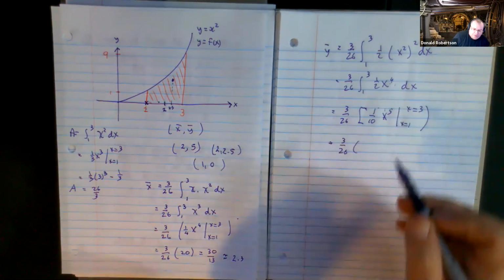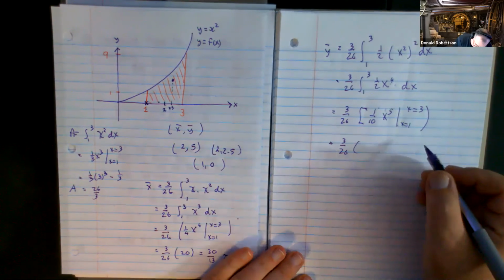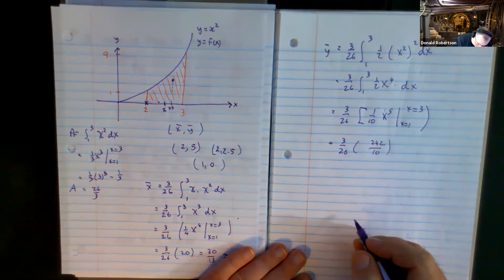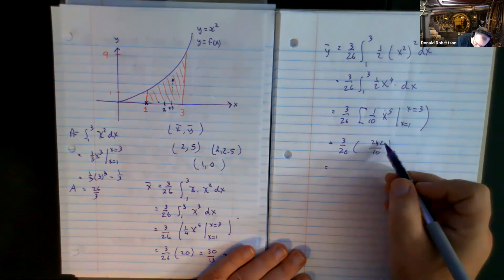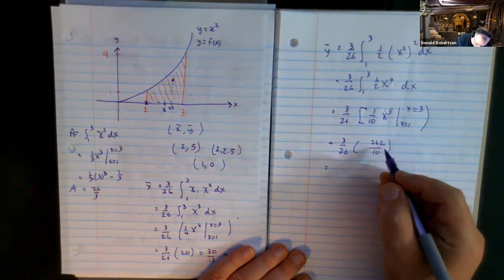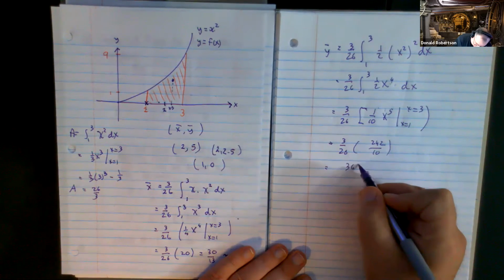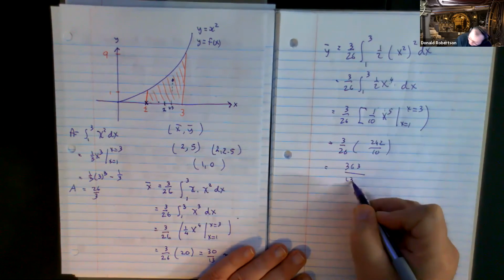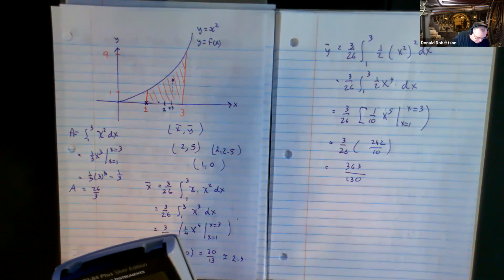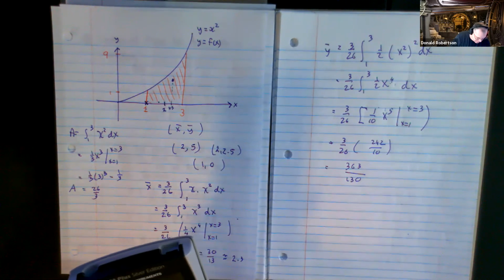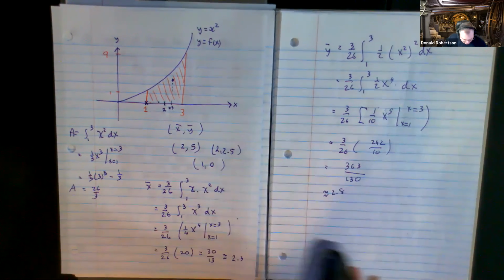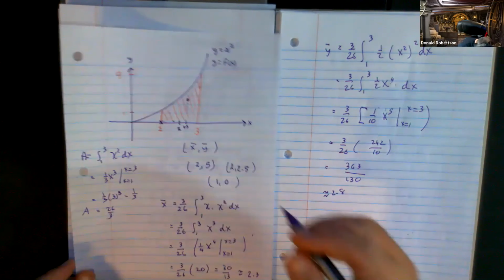You're going to go 243, take away 1 is 242 tenths. If you divide top and bottom by 2, you get 121, 363 over 130. 363 divided by 130 is about 2.8, which is definitely not there.